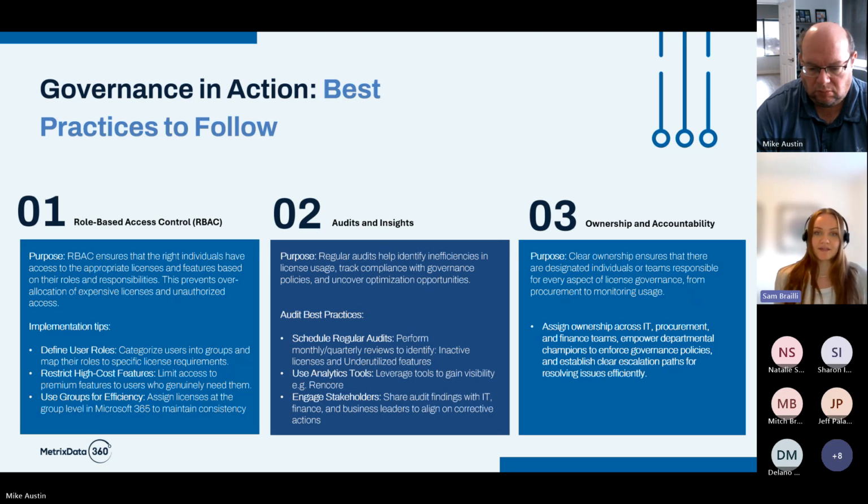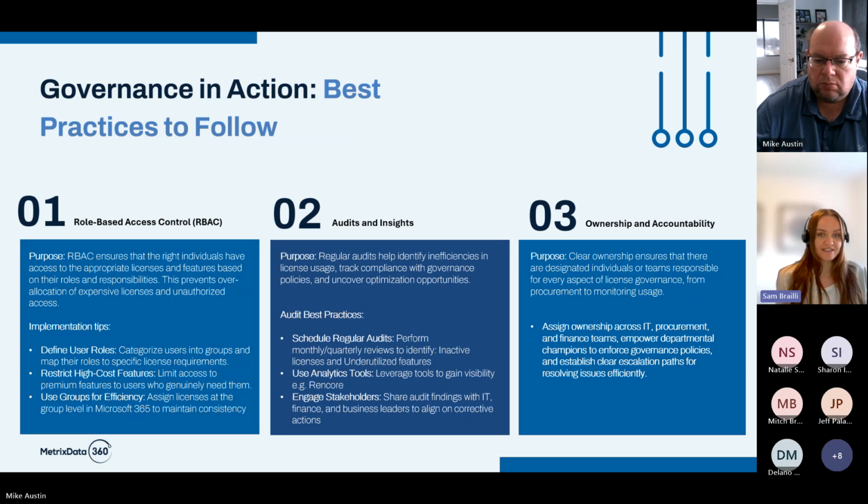We can appoint champions in each department to promote the adherence to governance policies and identify any potential issues in a much earlier manner. And finally, we can establish escalation paths. That would mean we're creating clear protocols for handling issues such as over licensing or urgent update requests so that problems can be resolved nice and quickly and efficiently.